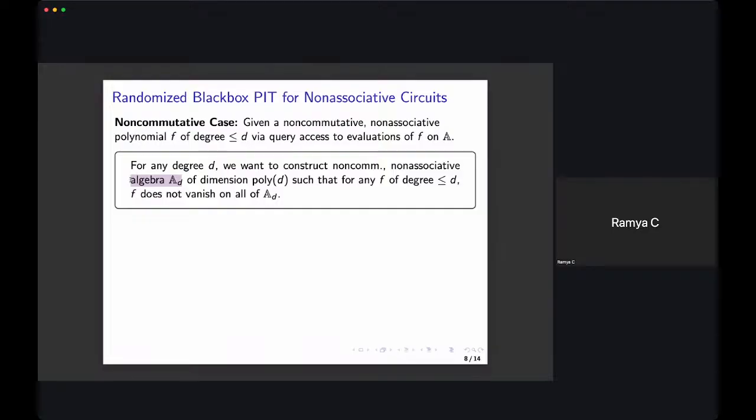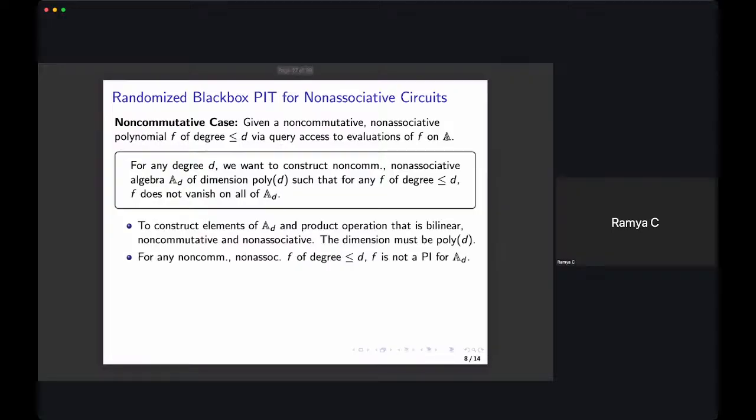So what is it that we need to do to design such an algebra? First, I need to tell you what are the elements of the algebra. It's essentially a vector space. So I need to tell you what is the vector space. And then we need to define the product operation. You must also ensure that this product operation is bilinear so that this whole thing is actually an algebra. And you need to ensure that this product is non-commutative and non-associative so that you get a non-commutative, non-associative algebra.